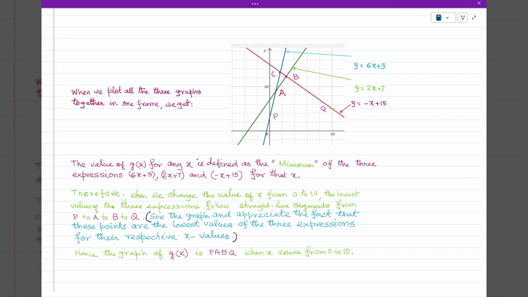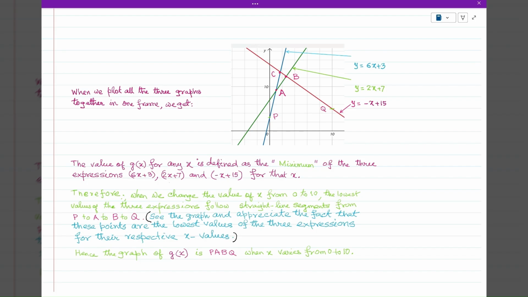Now the value of g(x) for any x is defined as the minimum of the three expressions, that is 6x + 3, 2x + 7 and -x + 15, for that particular value of x.